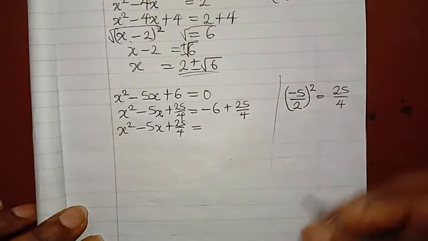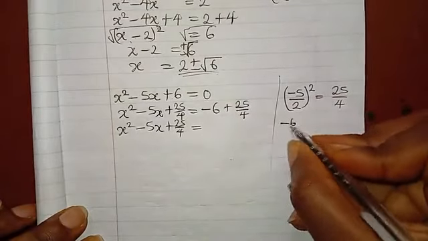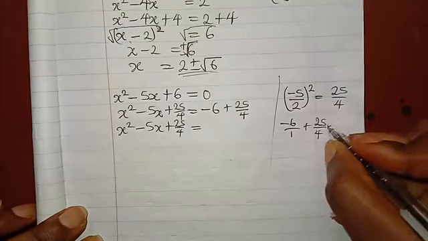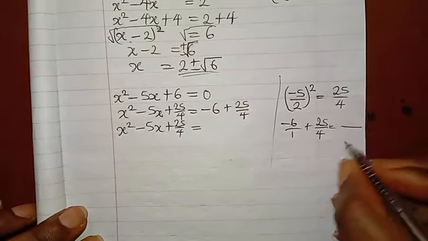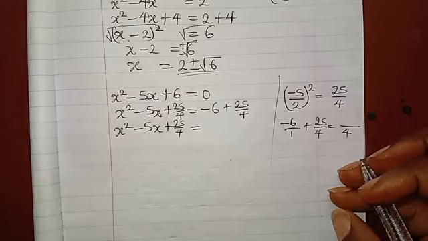Now, on our rough work side, we continue to add this up. So we have minus 6 over 1 plus 25 over 4. Now the denominator should be 4.